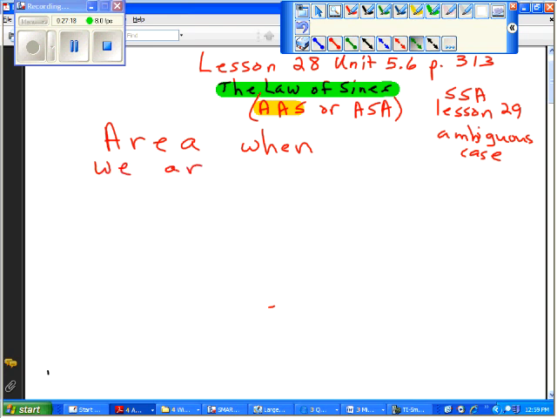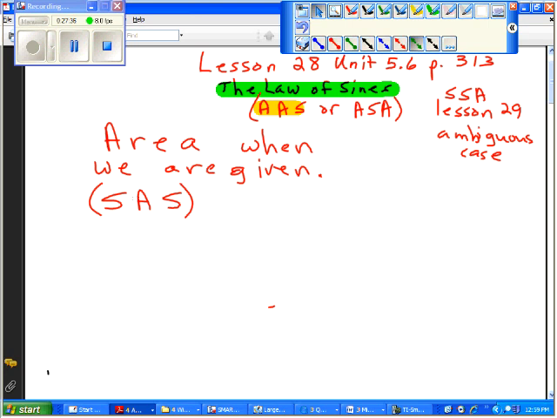What we're going to be given first is side angle side. And then in a minute, we're going to look at being given angle, angle, side.